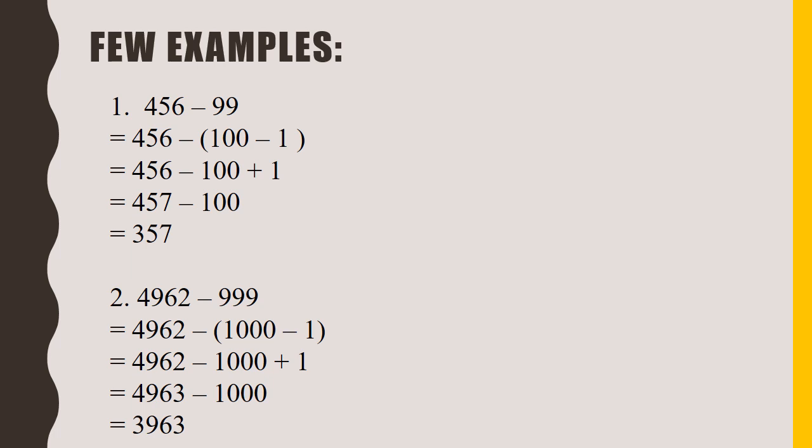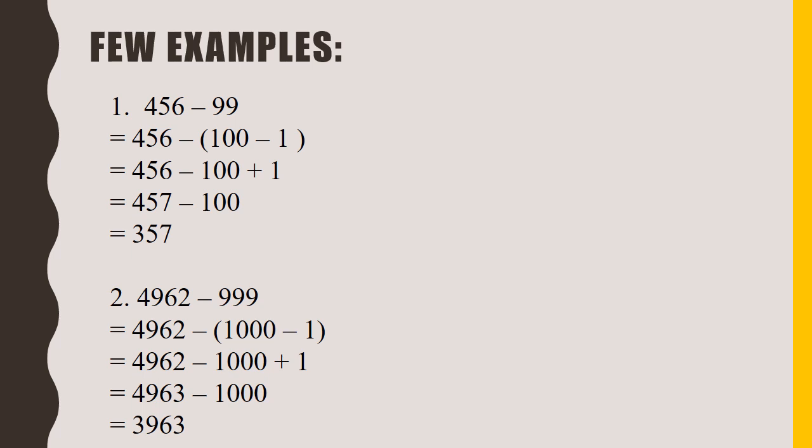Now first add the numbers. It comes out to be 456 plus 1, which is 457, and then subtract 100 from it and you will get 357. The point of all this is that we are just trying to minimize our calculations and make it a bit easier. Similarly, in the second example, it is 4962 minus 999.